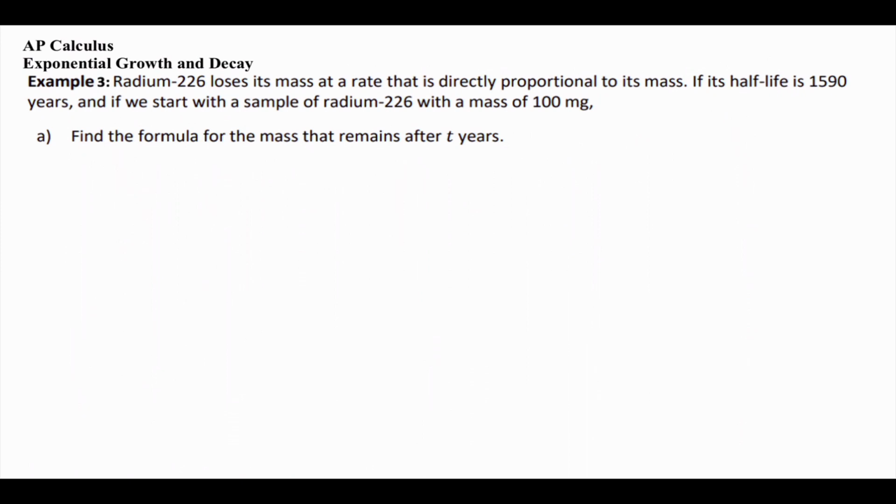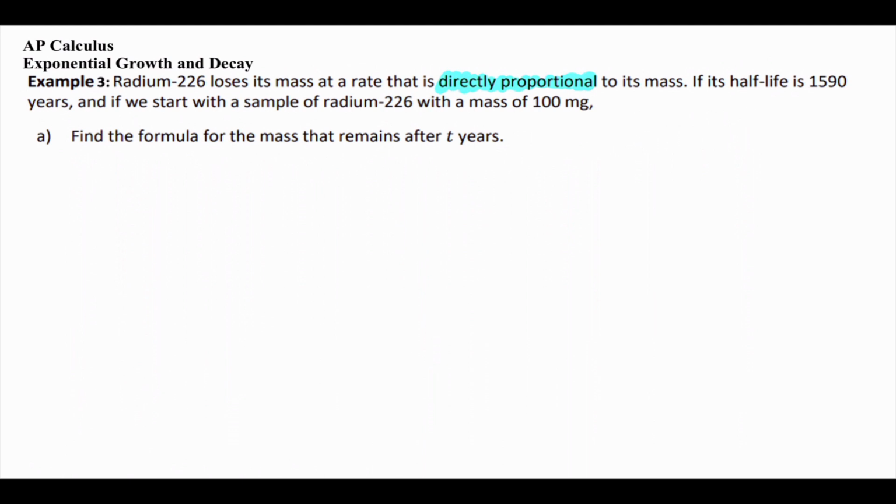Radium-226 is an element. It loses its mass at a rate that is directly proportional to its mass. That tells me we're going to use what we've been doing. If its half-life is 1,590 years. Okay, so science time. What does a half-life mean?